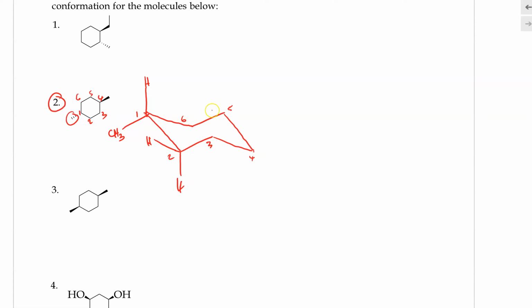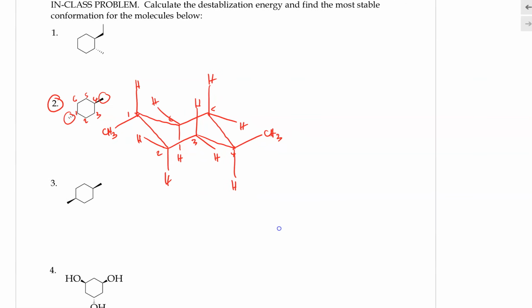And on carbon 3, this will be the position of this hydrogen. Now on carbon number 4, we have another CH3 group. In this case, it is pointing up. So we have to go to this carbon, and the up position here will be the equatorial position. So there it will be. And that means the hydrogen will be pointing down. And now let's put in the rest of the other groups. So that would be the first conformation of this molecule.